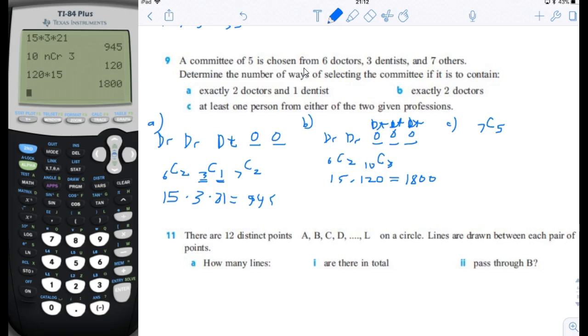Okay, so 7 chooses 5 is all the ways you can just have others on the committee and no doctors and no dentists. Now, it says at least one person from either of the 2 given professions, and basically we've created a situation which is the opposite of that. So now what we need to do is we need to subtract 7 chooses 5, and if we want to see exactly what 7 chooses 5 is, let's just do that on the calculator.